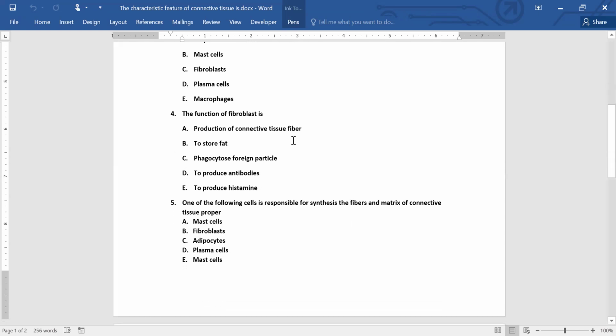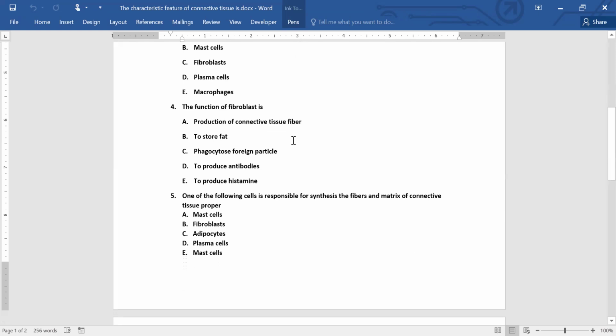The function of the fibroblast is: production of the connective tissue fibers, to store fat, to phagocytose foreign particles, to produce antibodies, to produce histamine. So in this MCQ, all the functions of the different cells of connective tissue are discussed. They are asking about the function of the fibroblast, which is the production of the connective tissue fibers.